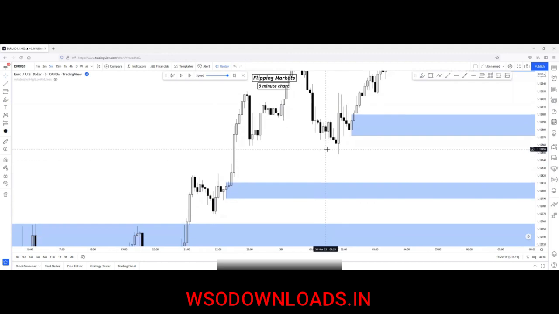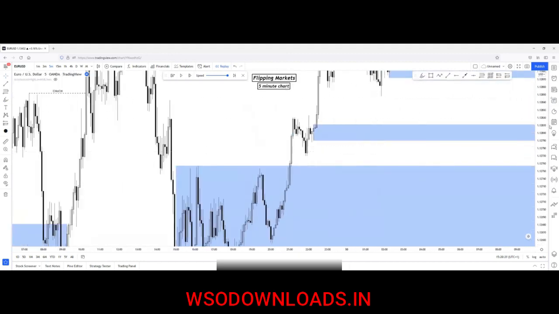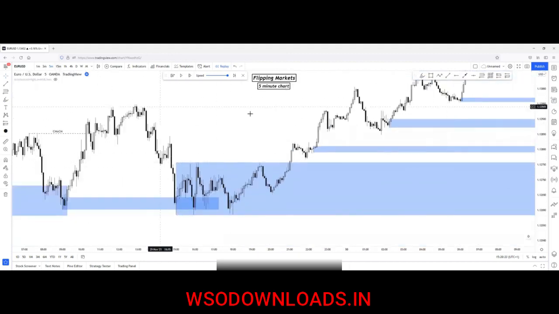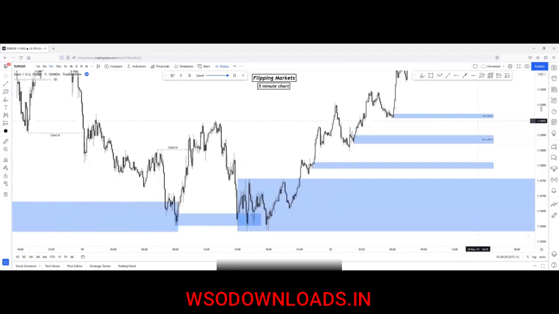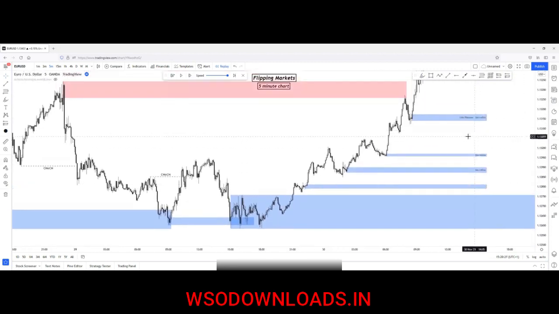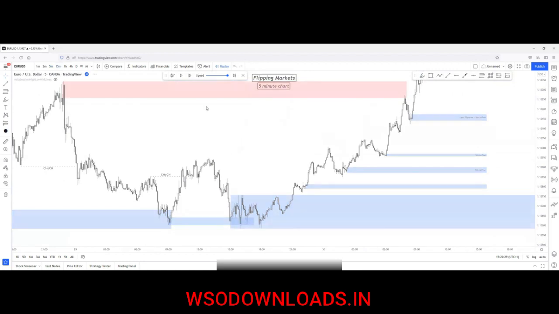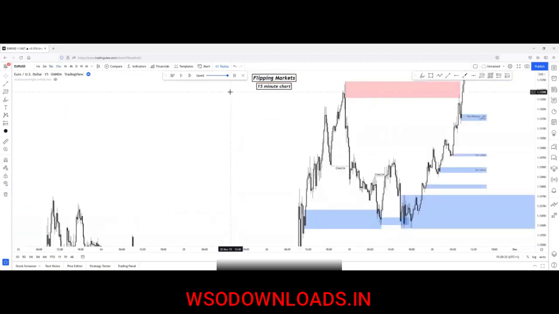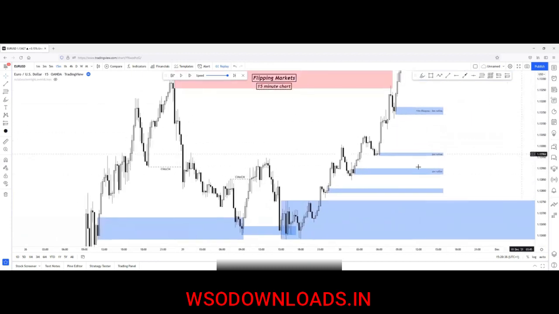Okay, so the next one, this big zone, is the 4-hour zone. And actually, if you want to refine this 4-hour zone, you can refine it on the 15-minute chart. I usually just leave my 4-hour zones the way they are, so I don't really refine them.